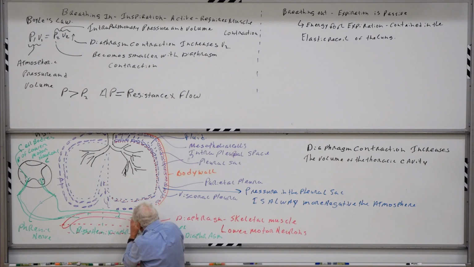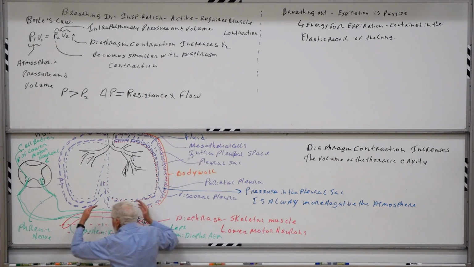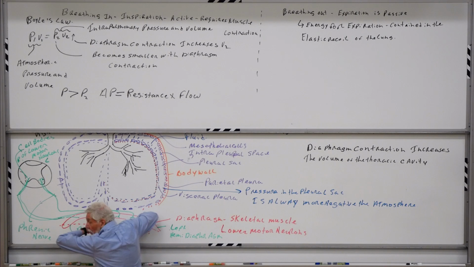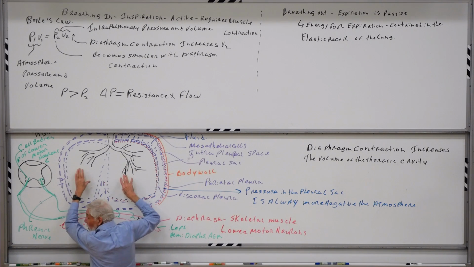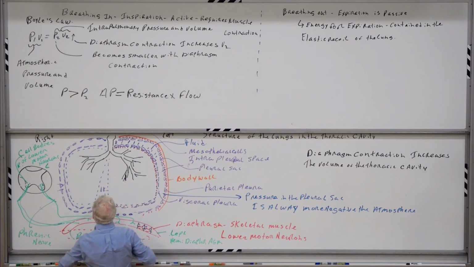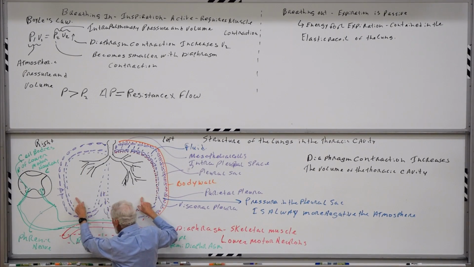We now pull the Z-lines closer together. That imparts energy through the interaction of the actin and myosin to flatten the diaphragm. That energy is then transferred to an increase in volume inside the lung itself, and air comes in.